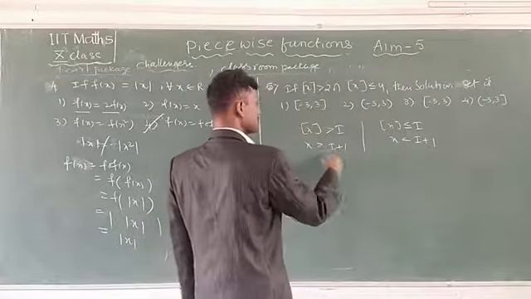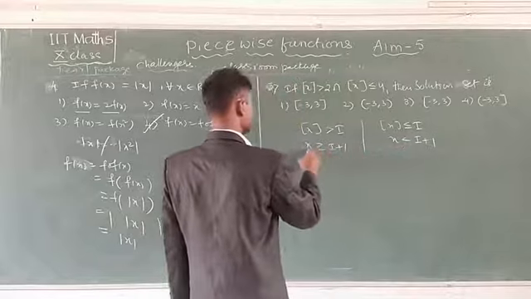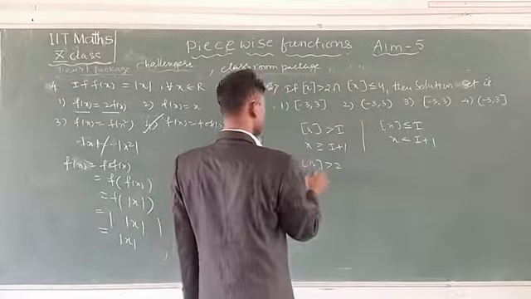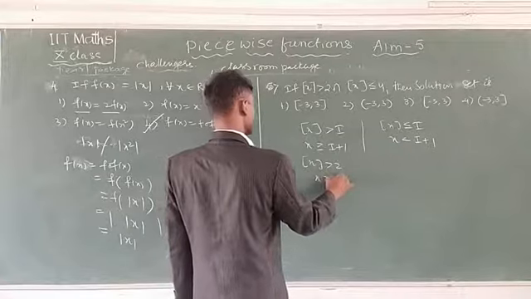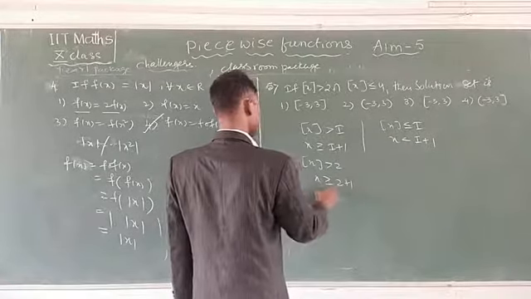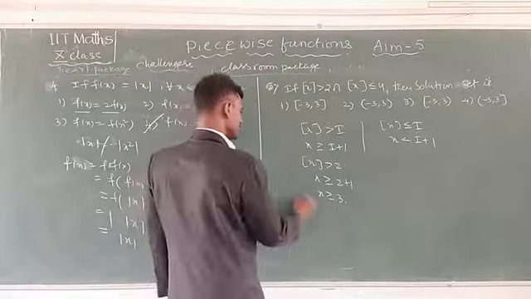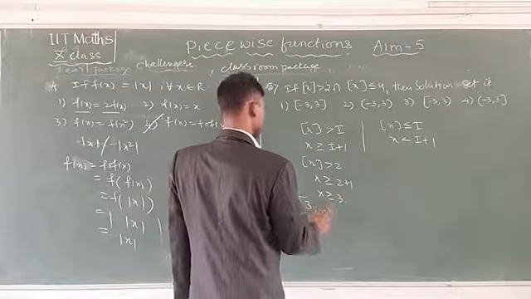Now, step x is greater than 2, then x is greater than or equal to 2 plus 1, and x is greater than or equal to 3. Now we can write the interval 3 to plus infinity.